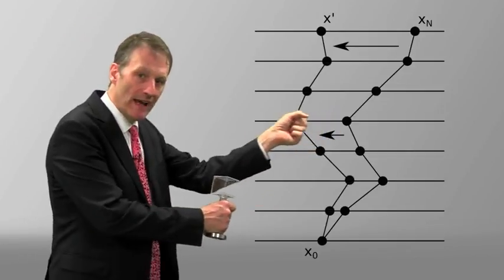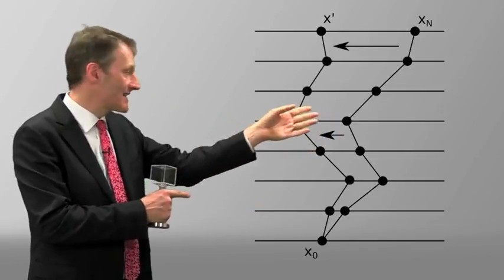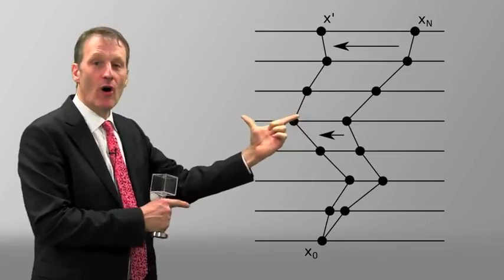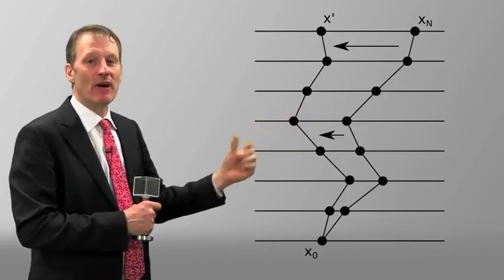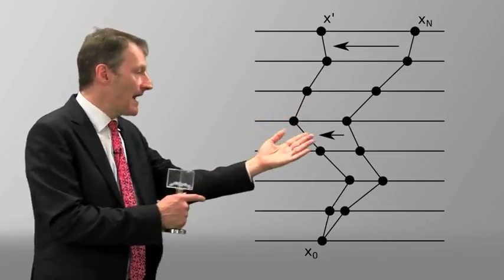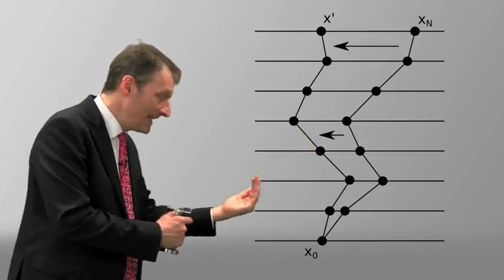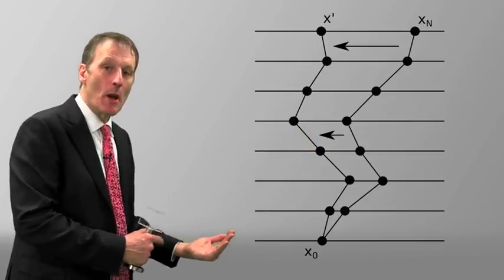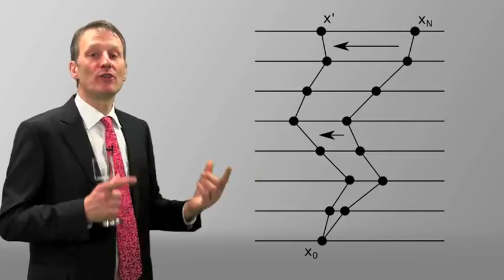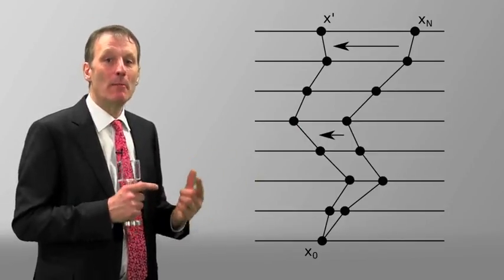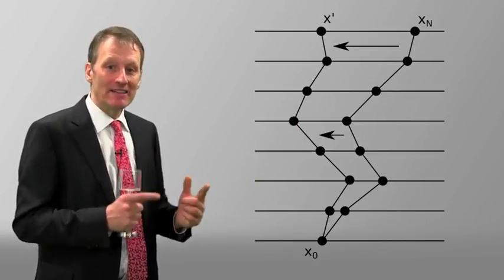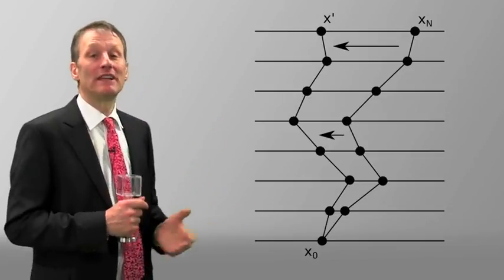Then you pull back the position xn by the value of xn minus x prime. And then you pull back all the intermediate positions by a value proportional to xn minus x prime multiplied by tau over beta.